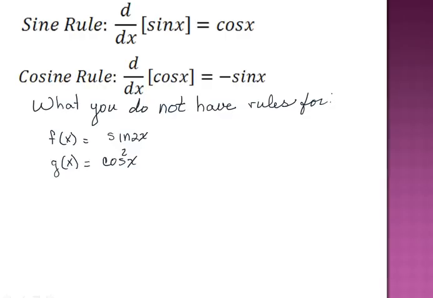It's not cosine to the first power of one angle to the first power. You do not have a rule for that. You also do not have a rule yet for the product of two trig functions. So you can't do this one either. The only thing that you can do is the basic sine of x to cosine x and cosine x to negative sine.